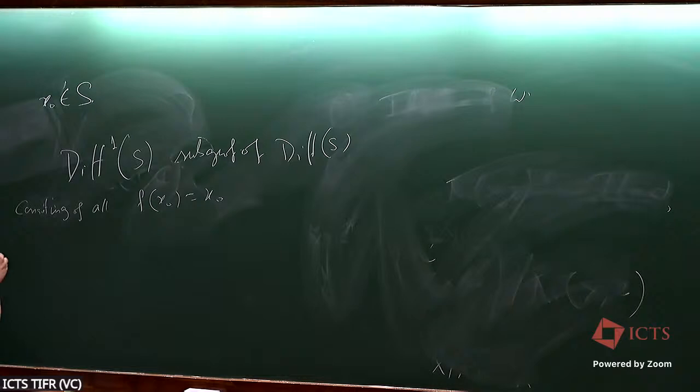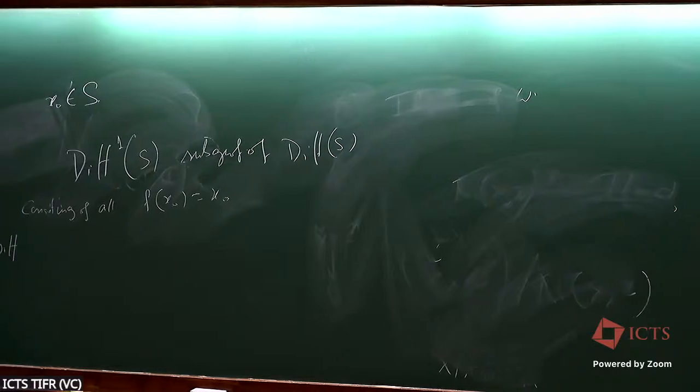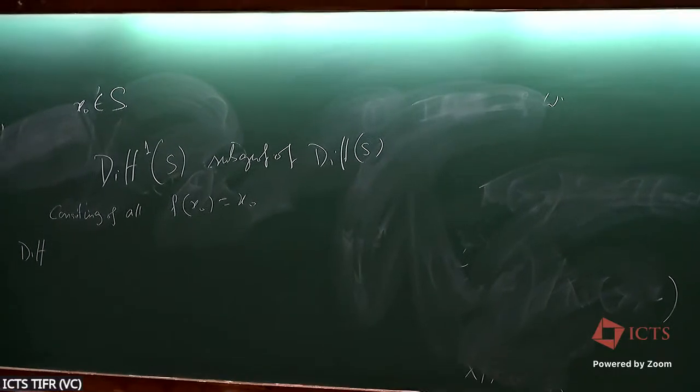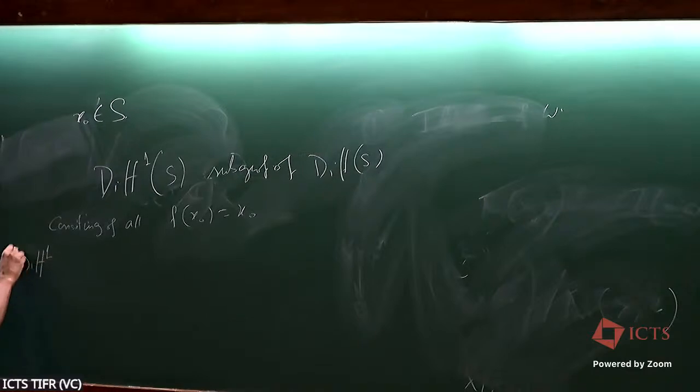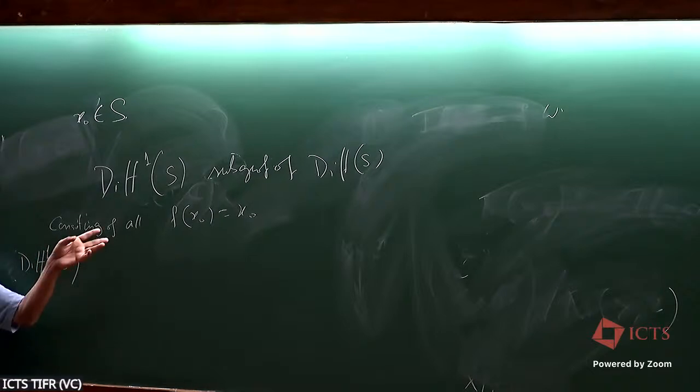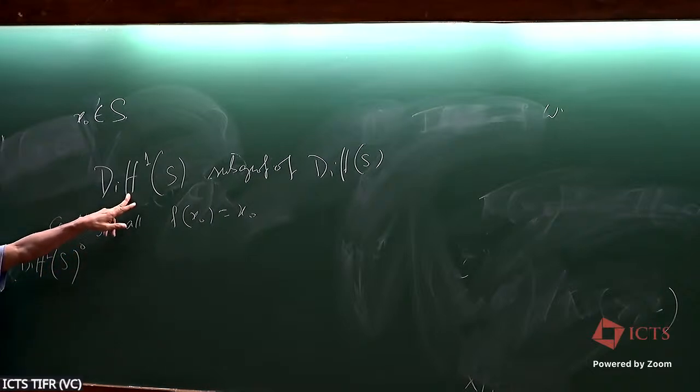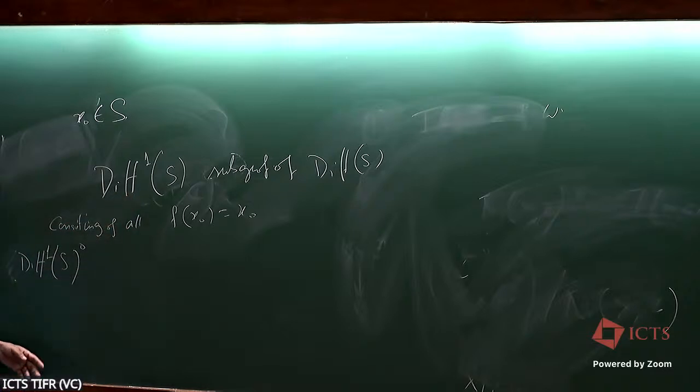Now similarly I take Diff_1, and I put the 0 outside. I earlier put the 0 inside, let me put it 0 outside. You can easily understand, this is the subgroup of this such that it fixes the point, all f which are homotopic to the identity.